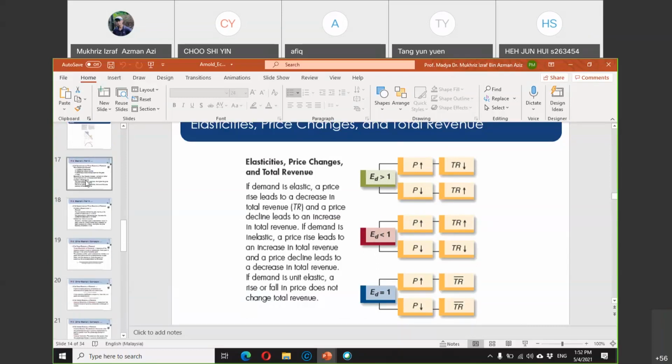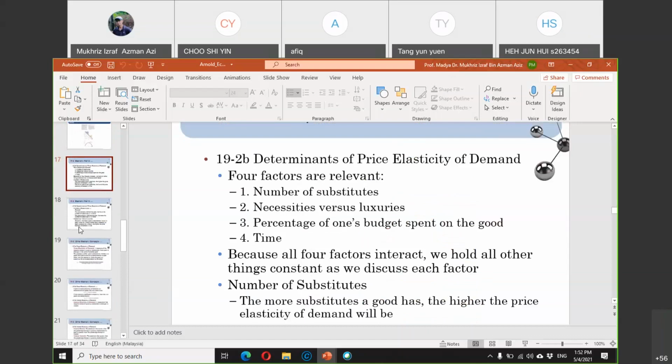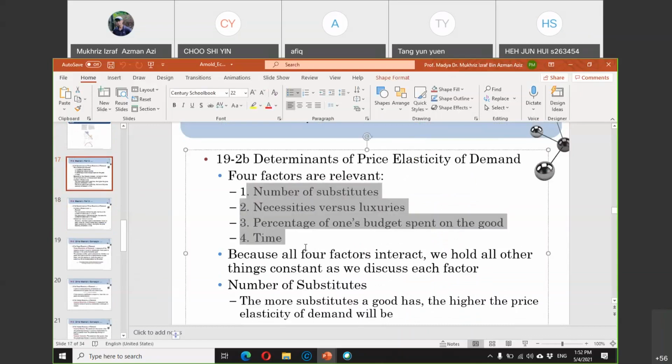So here in these slides, the factors that will cause the demand to be elastic or not elastic are discussed quite briefly. But whenever you look at these factors, please use your common sense. Do not simply memorize this, because demand and supply, especially demand, everyone is a consumer, but not everyone is a seller.